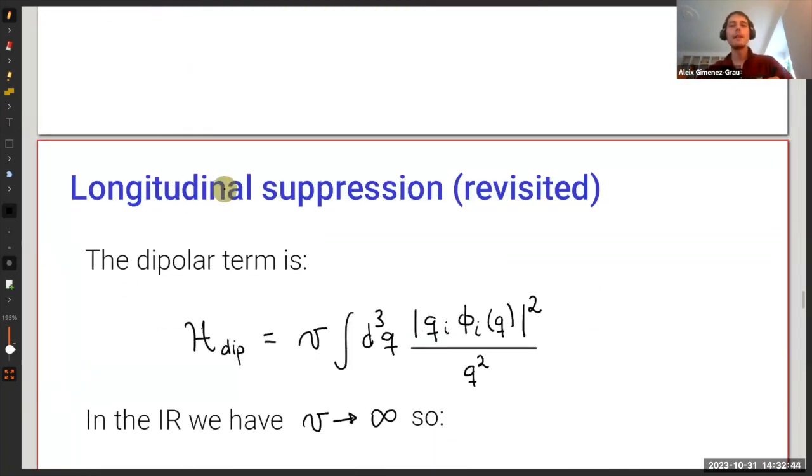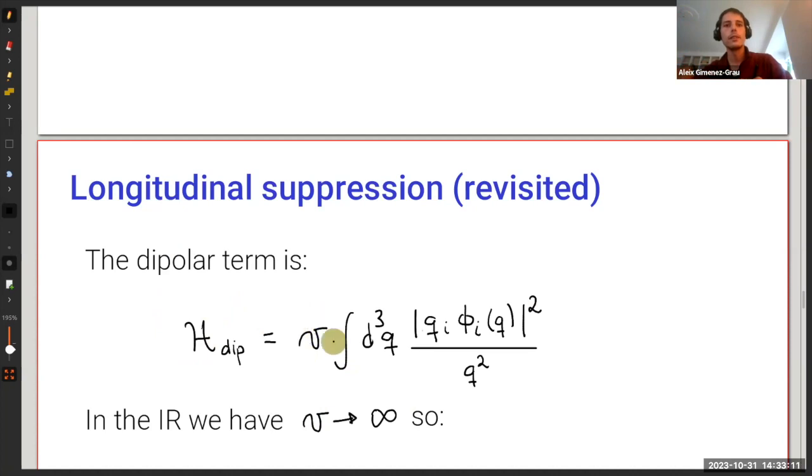Let me give a different perspective on this whole discussion, and now I'm going to forget about experiments. Let me work in momentum space, and the term that we were adding to our usual Heisenberg Hamiltonian in momentum space looks like this. This coupling V actually grows in the IR, so we can take V going to infinity.